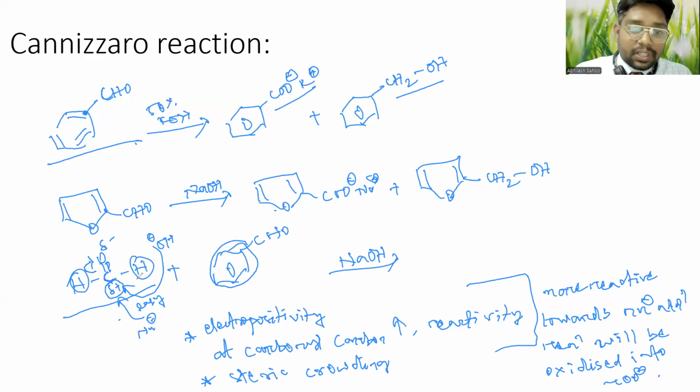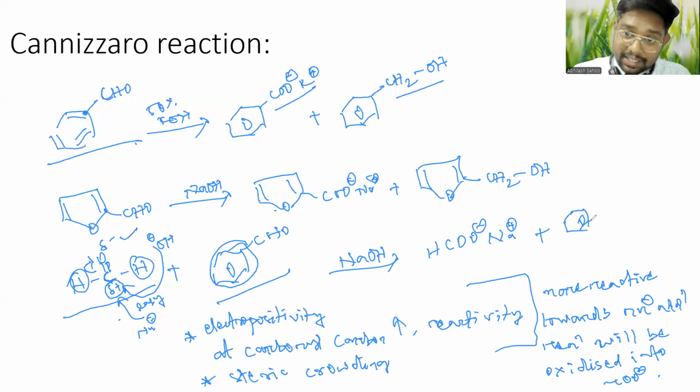So here this formaldehyde will be oxidized to the formate ion, so you will get HCOO minus, and since we have taken NaOH, HCOO minus Na plus. This benzaldehyde will be reduced. That means this benzaldehyde will be converted into CH2OH.